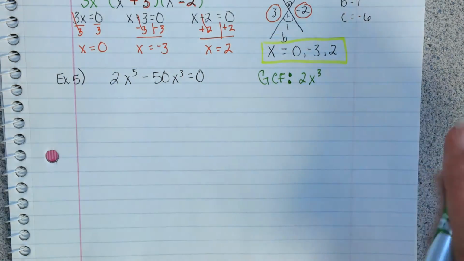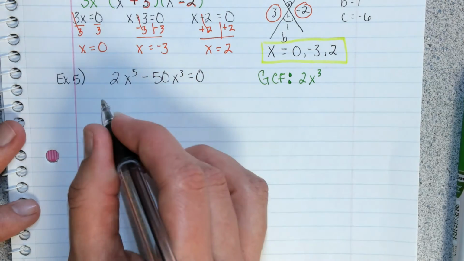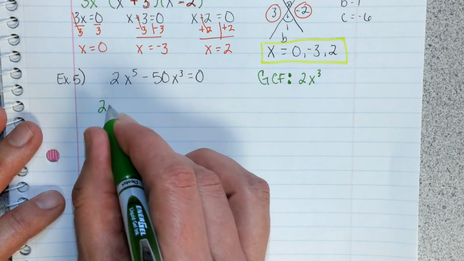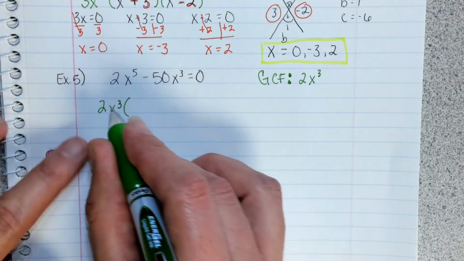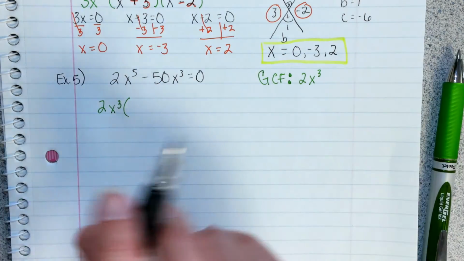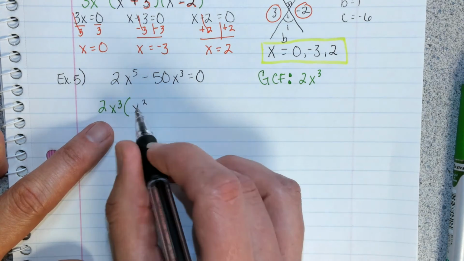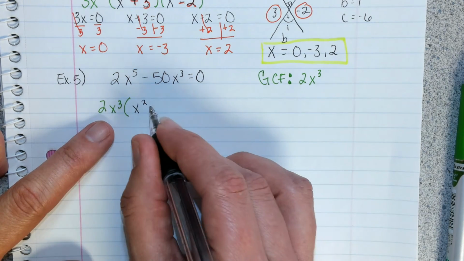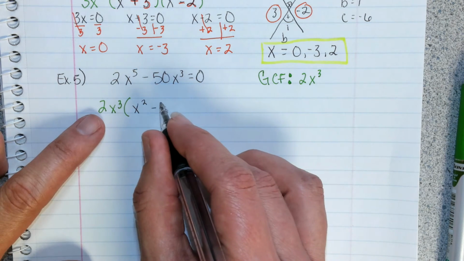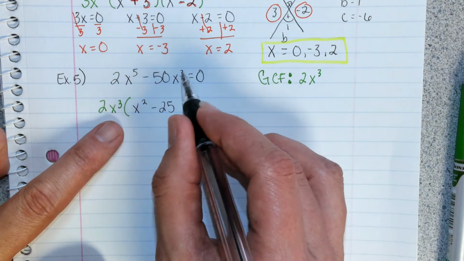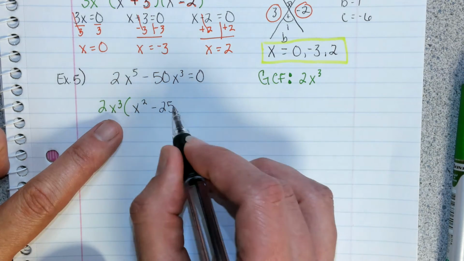So that's my greatest common factor, so I'm going to start with that. If I factor it out, what's left? Well, I still need 2 more x's to have a total of 5. To make 50, I have to multiply the 2 times 25. And I need it to be cubed, and it already is, so I'm done.